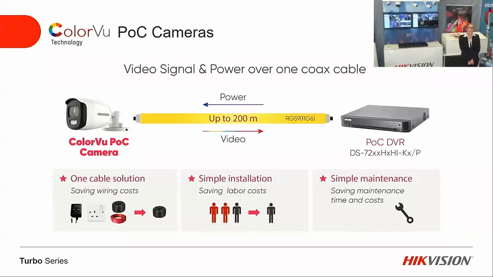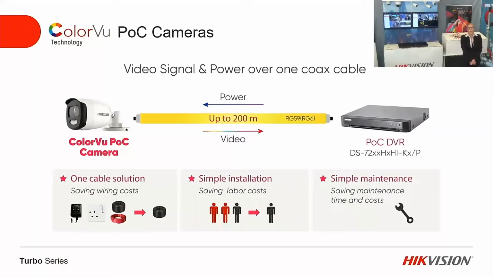So for any of those old installations where you've got an old analog infrastructure, you simply just replace the recorder and the cameras and you will get a brand new HD image, and that camera is powered as well. There is no need for those existing power supplies that may be from the cameras, or if you're installing new, no need to wire up or put any fuse spurs in there at all.